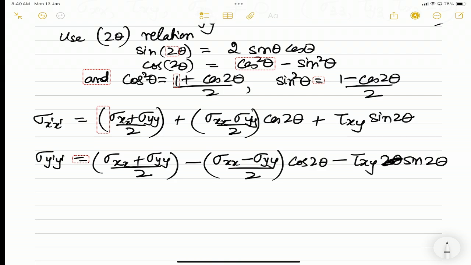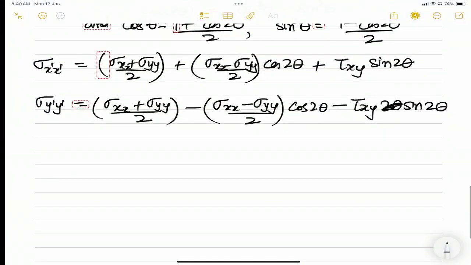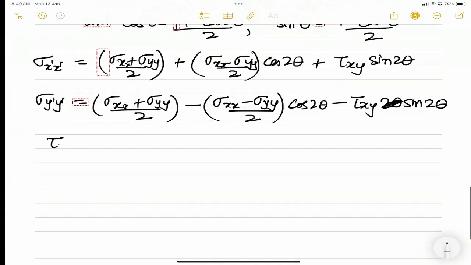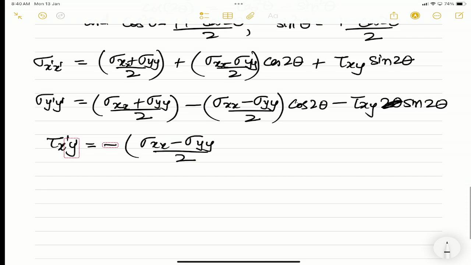Well, from the sigma xx, if you put theta instead of theta, you put 90 plus theta, you will get sigma y prime, or you can use the transformation, and we will get tau x prime y prime is equal to minus of sigma xx minus sigma yy by 2 sin 2 theta.